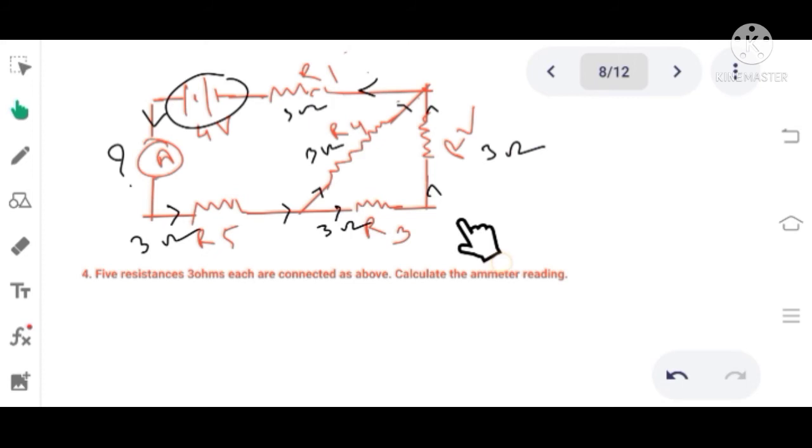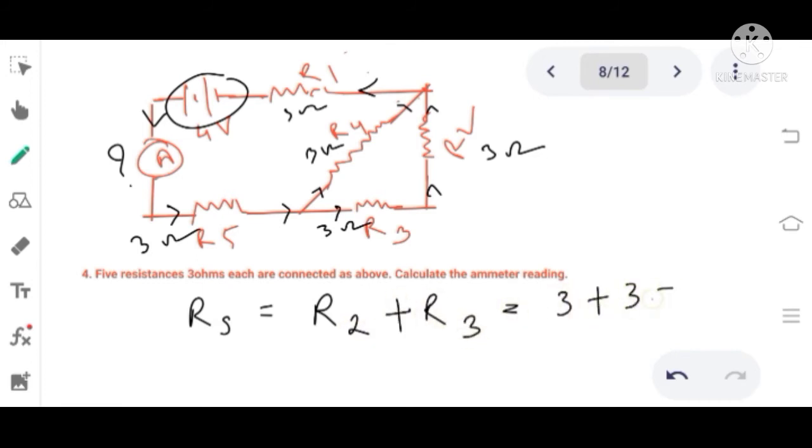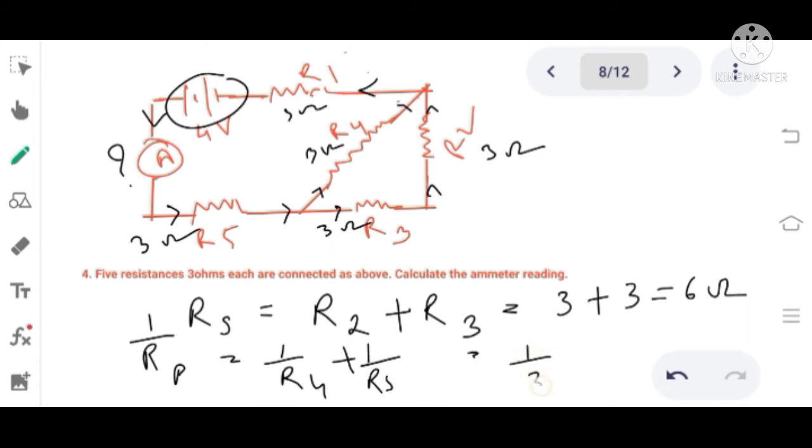So now let's simplify this network. How to solve? First do R2 plus R3 because they are in series. Then that is in parallel with R4. So let's start. First you find out series R2 plus R3, which is 3 plus 3, 6 ohms. Now this 6 ohm is in parallel to R4. So let's find out the parallel combination: 1 by R4 plus 1 by the series combination RS, which is 6. 1 by 3 plus 1 by 6.